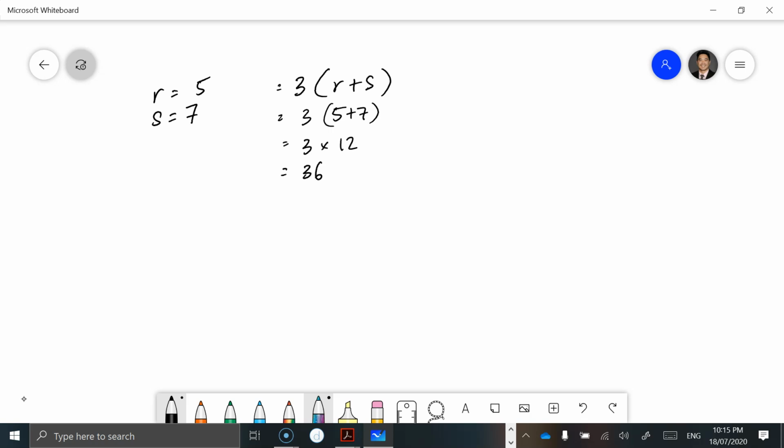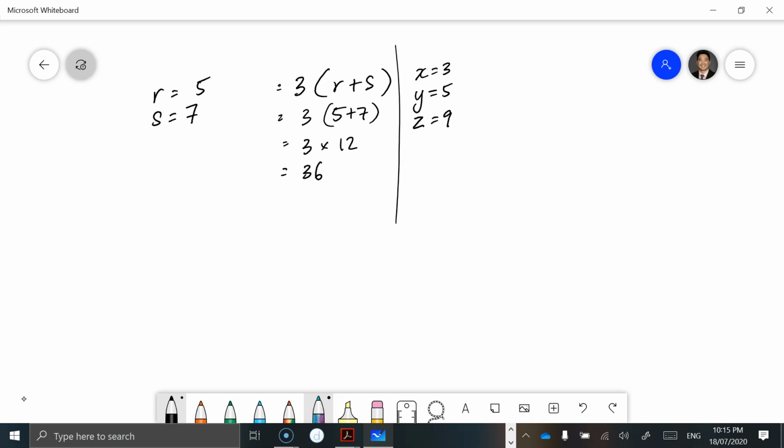If that's a little bit too easy, then we'll make it a little bit more difficult. If we had x equals 3, y is equal to 5, and z is equal to 9, so now we're introducing a third pronumeral.